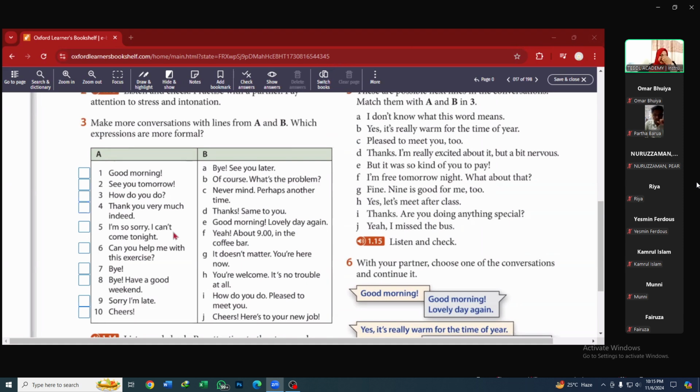What about the others? Mr. Biman, Miss Yasmin, and I can see Mr. Kamrul, Mr. Nurzaman. Can you all do it on your own? Are you being able to do it? I hope you are.